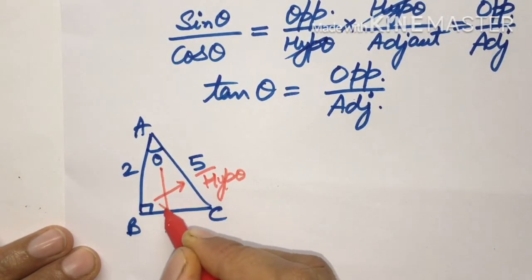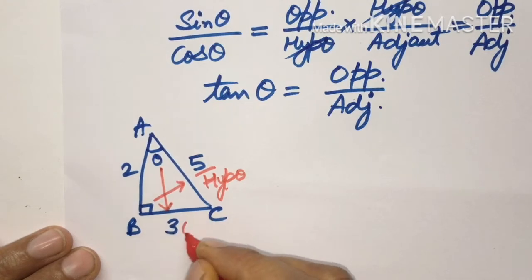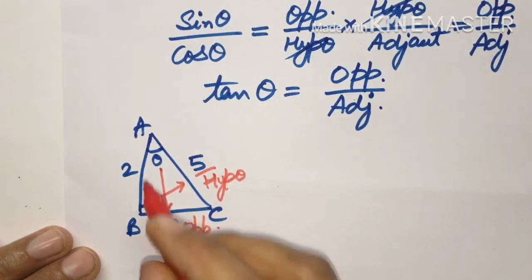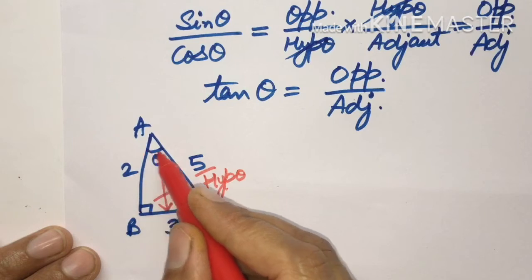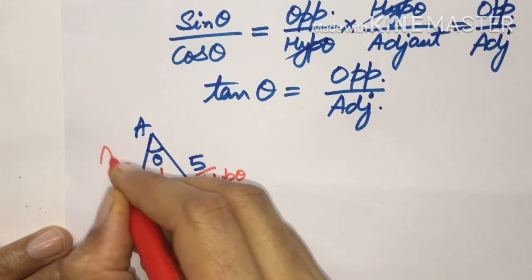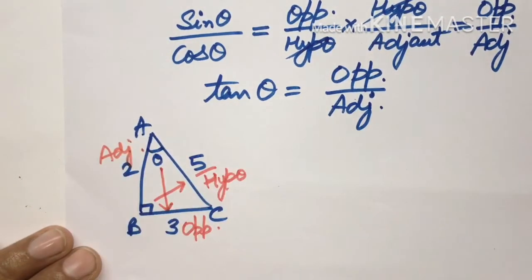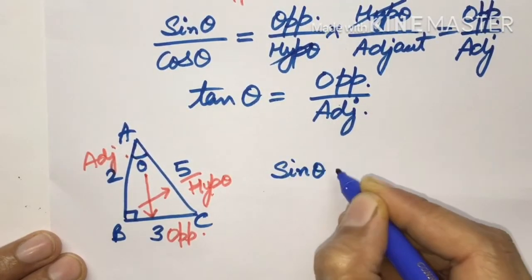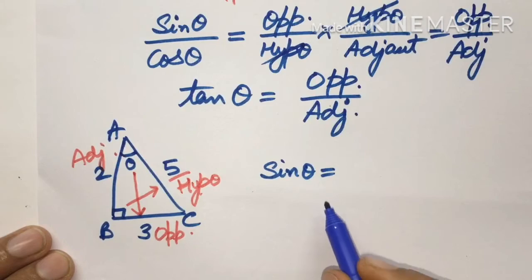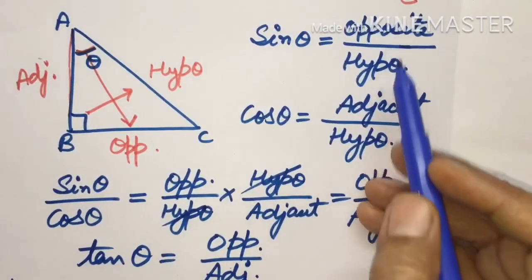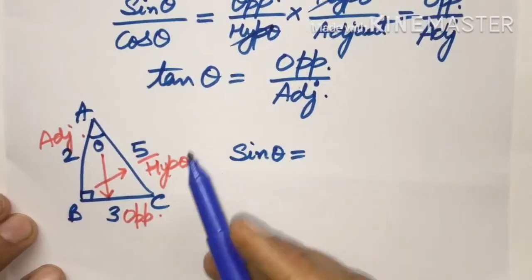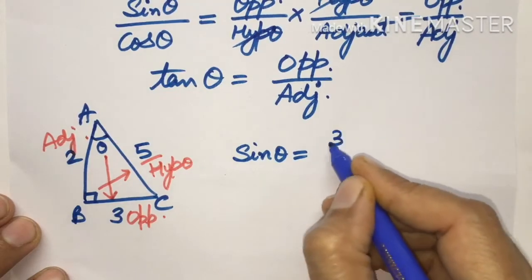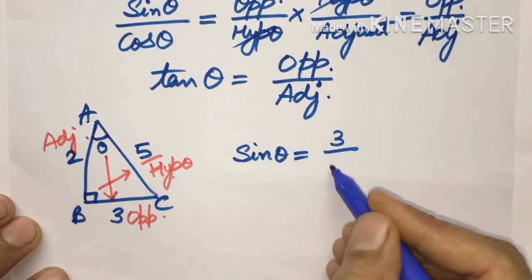Opposite to angle theta, this side is the opposite side, and next to the reference angle, this is the adjacent side. So we can find all values. If I am talking about sine theta, the value of sine theta is opposite upon hypo. So opposite is 3 upon hypotenuse, and the hypotenuse is 5.